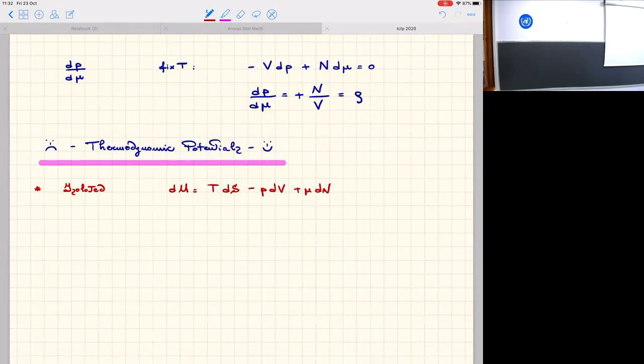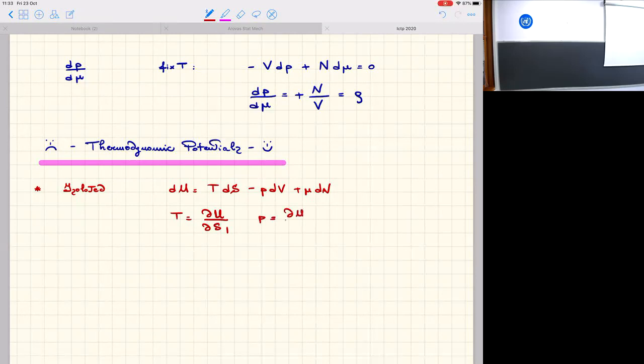At the same time, you know that the temperature is equal to dU/dS at constant the others. Whenever I put a line like this, I keep fixed all the others. I don't want to write all the others all the time because it's too long. That's one of the painful things about these potentials.